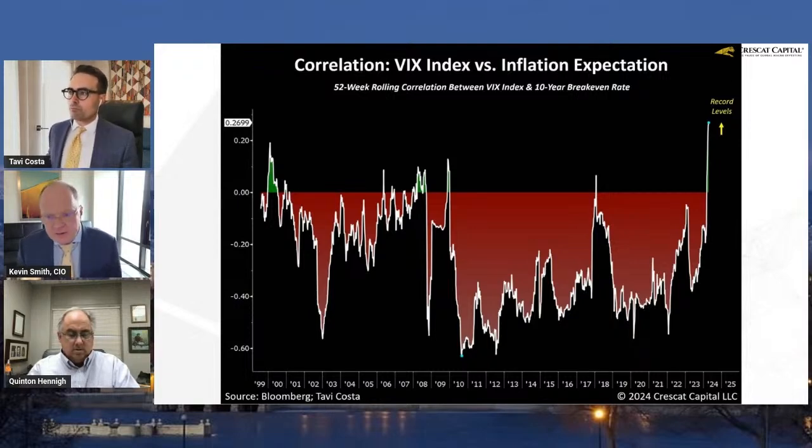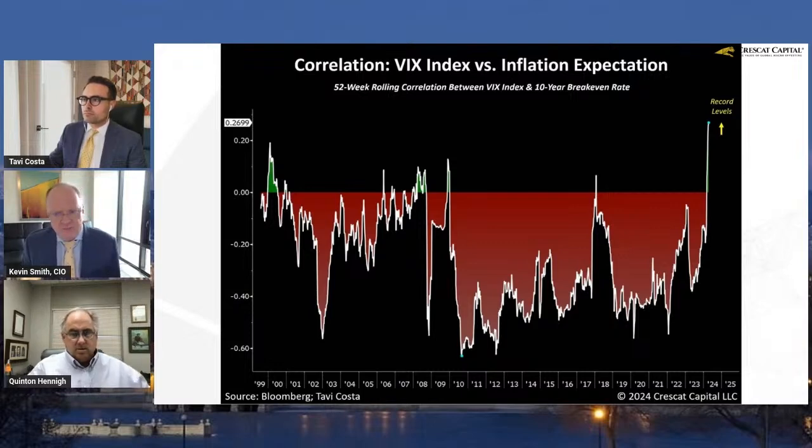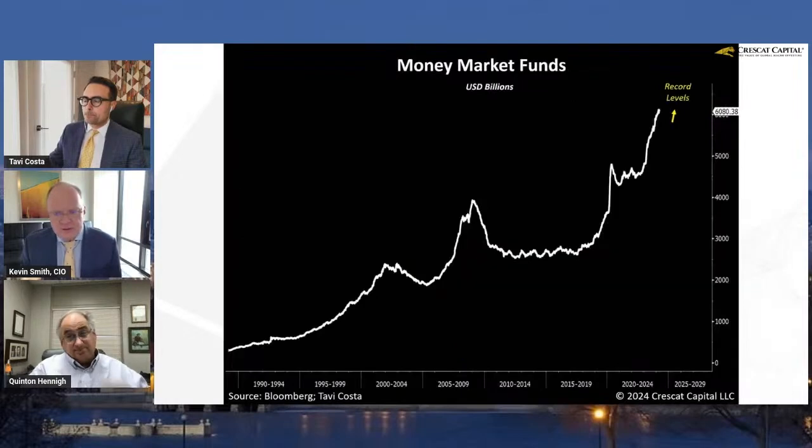And it's the highest positive correlation on a 52-week trailing basis that we have seen in the history of VIX or of 10-year breakevens, of both of these things together. So rising inflation expectations and rising VIX, this is not a good combination for overvalued stocks. Let's go on to the next.